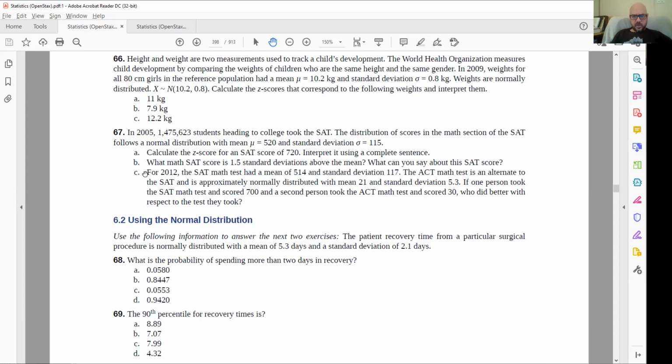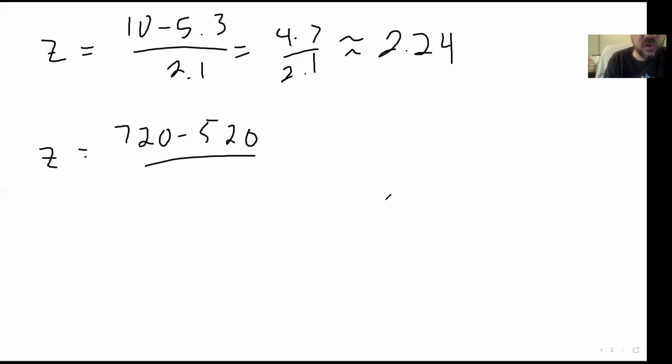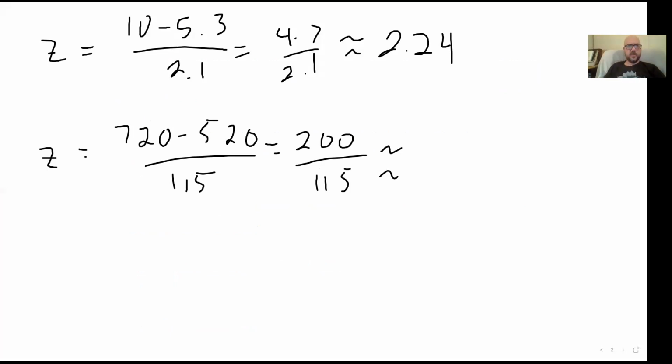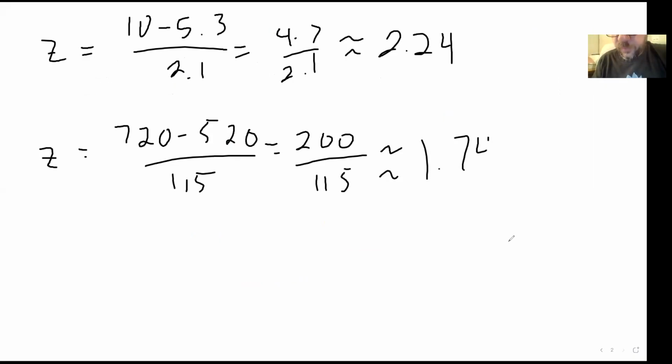So z is 720 minus 520 over 115, which is 200 over 115, which is like 1.7 something, I think. 1.74, yeah, right here. So 1.74 is the z-score.